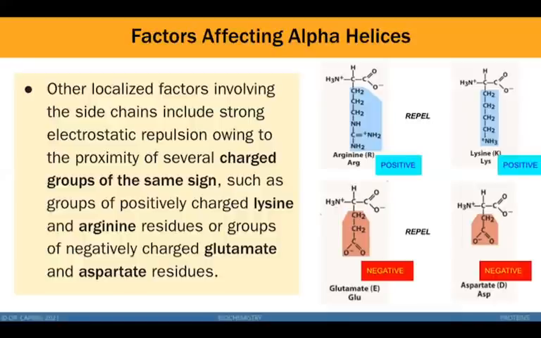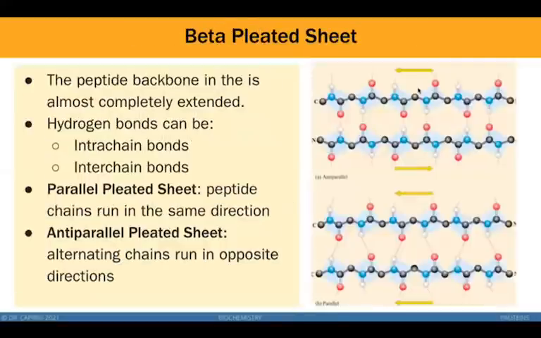For example, if you have lysine and arginine clumped together, it will cause repulsion of the side chains. It can cause alpha helix disruption. And also if you have glutamate and aspartic acid or aspartate, both of them have negative charges. The tendency is that they will be repelled, causing a change in the alpha helices.